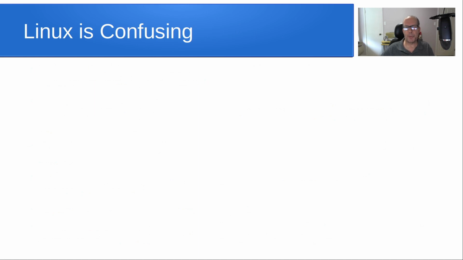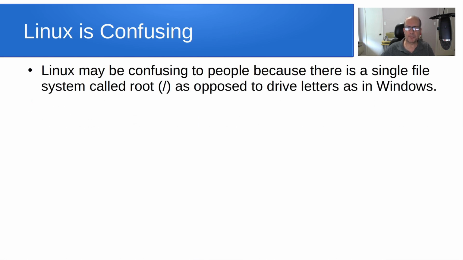So a lot of people think Linux is confusing. Well, Linux may be confusing to people because there is a single file system called root, and it's depicted with a / as opposed to the drive letters you have in Windows. And what I mean by a single file system is that in Linux, if you add another physical hard drive, what you end up doing is creating a folder somewhere on your file system, and then you mount the new hard drive to that folder.